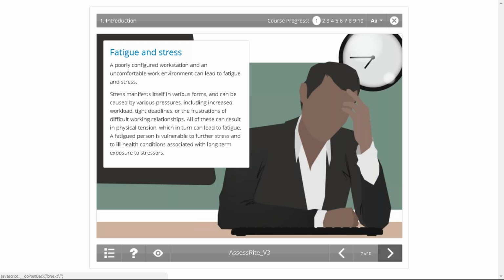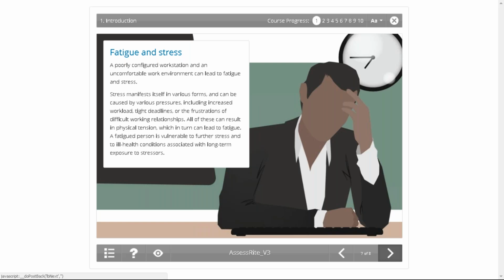A poorly configured workstation and an uncomfortable work environment can lead to fatigue and stress. Stress manifests itself in various forms and can be caused by various pressures, including increased workload, tight deadlines, or the frustrations of difficult working relationships. All of these can result in physical tension, which in turn can lead to fatigue.